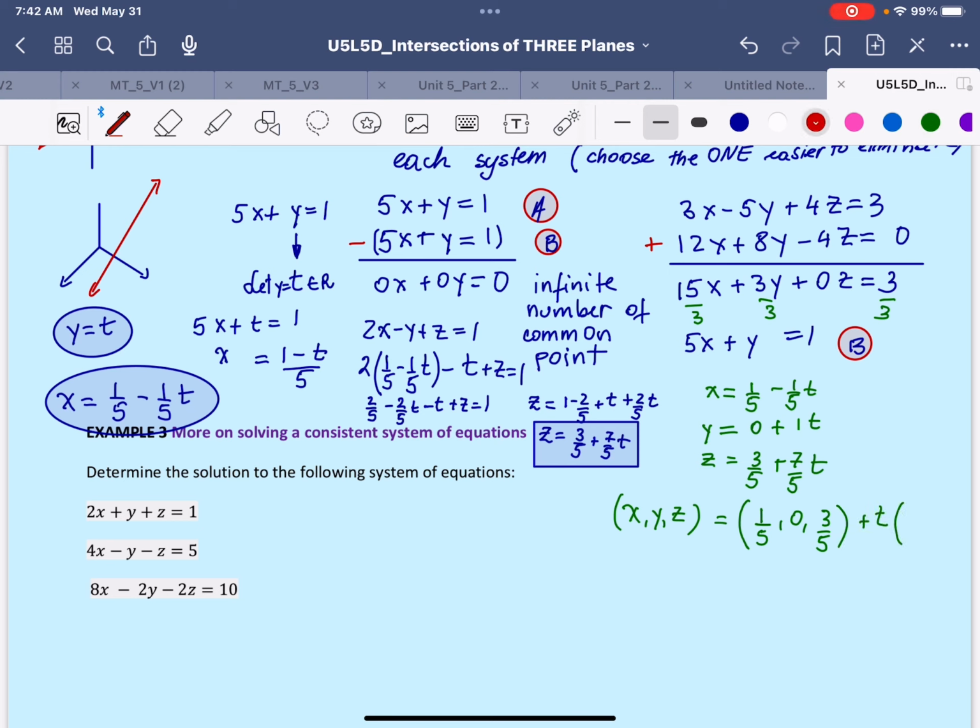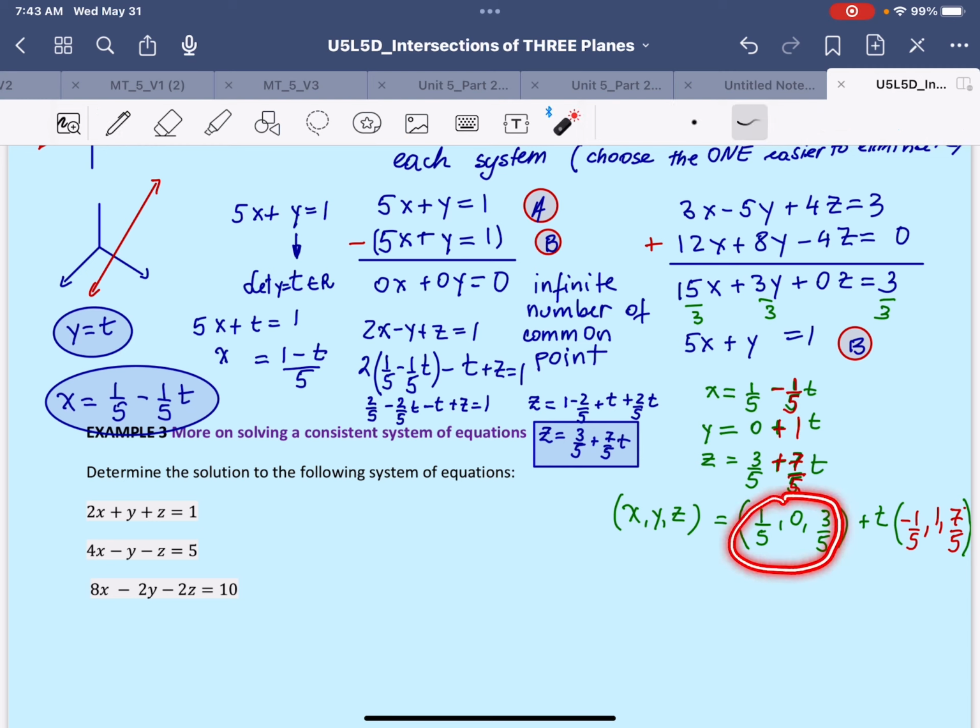And these numbers here that are the coefficients of t will make the coordinates of the direction vector of this line. So we have t, negative 1 over 5, positive 1, and 7 over 5. Close the brackets.